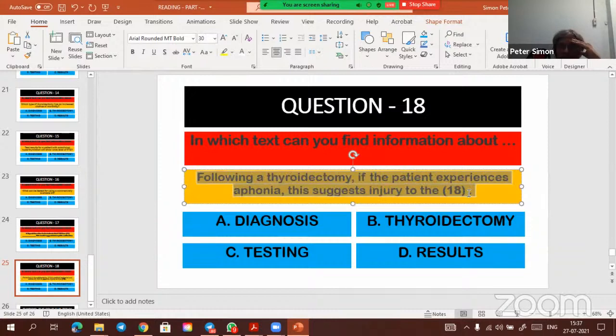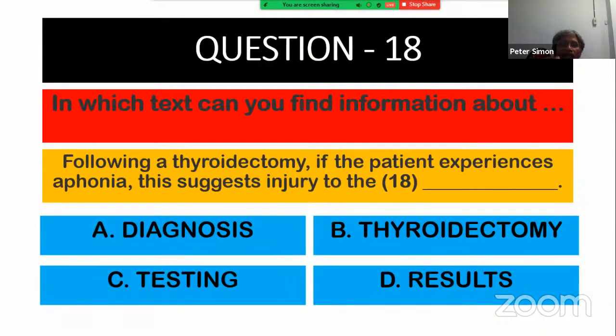Following a thyroidectomy, if the patient experiences aphonia, this suggests what?